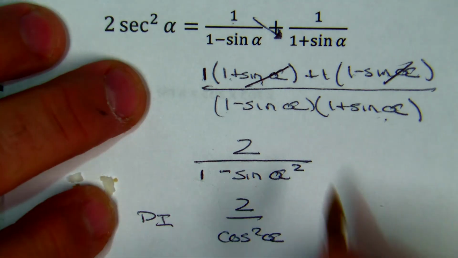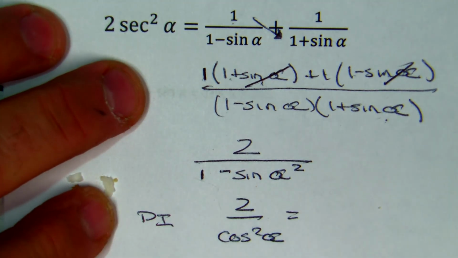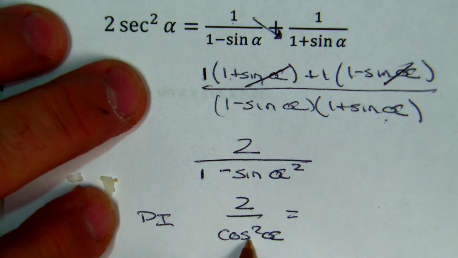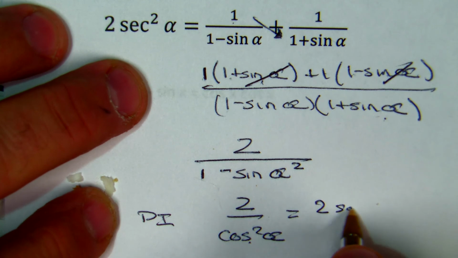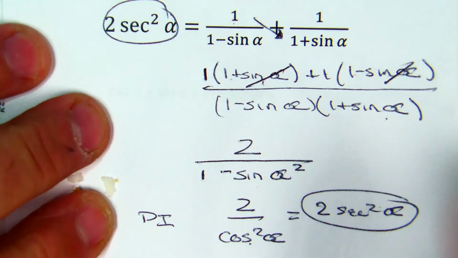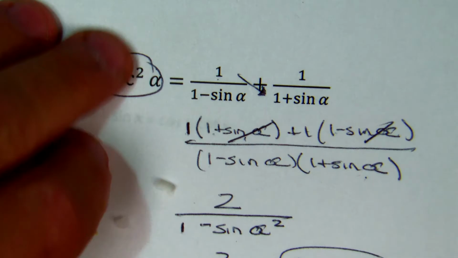Whenever I have something in the denominator, I can move it up to the top using the reciprocal or inverse. The reciprocal of cosine is secant. So that's 2 secant squared. And now my two expressions are exactly the same.